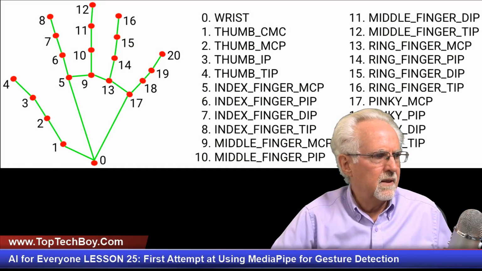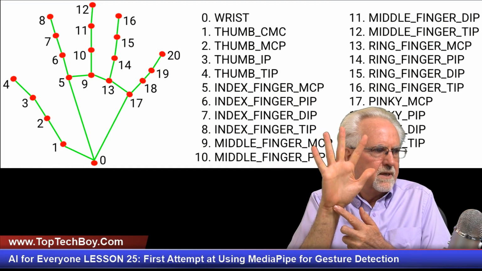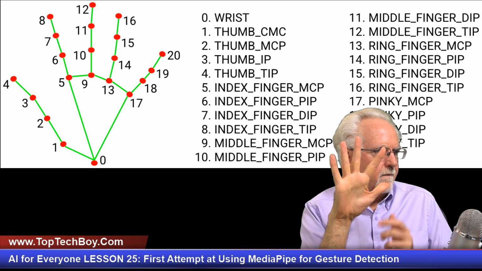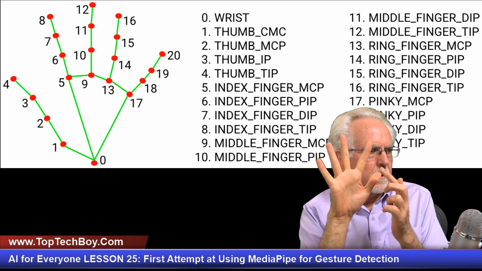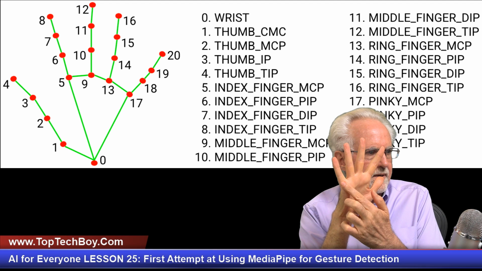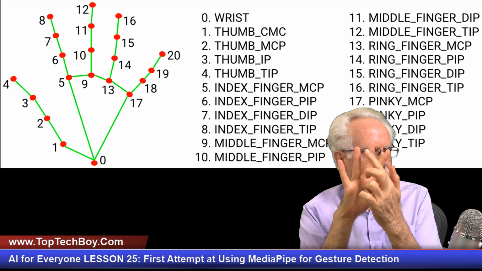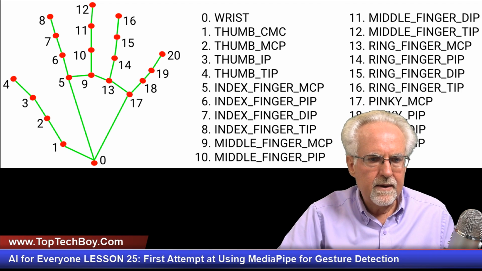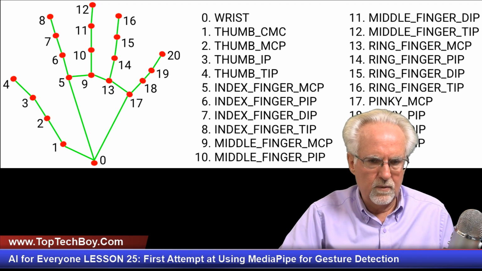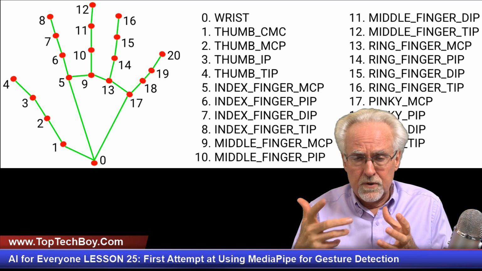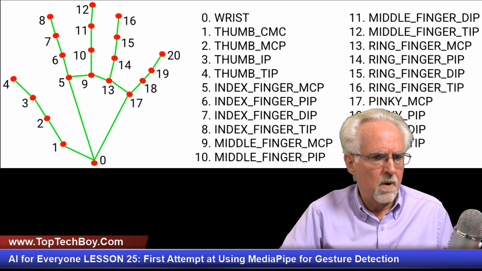And what are the key landmarks? It's going to be 0, 4, 5, 9, 13, 17, and then it's going to be 8, 12, 16, 20. Does that make sense? So I'm going to come back over here and tell it what the key landmarks are, and then we can always just go to those points. We won't be going to all of the points.